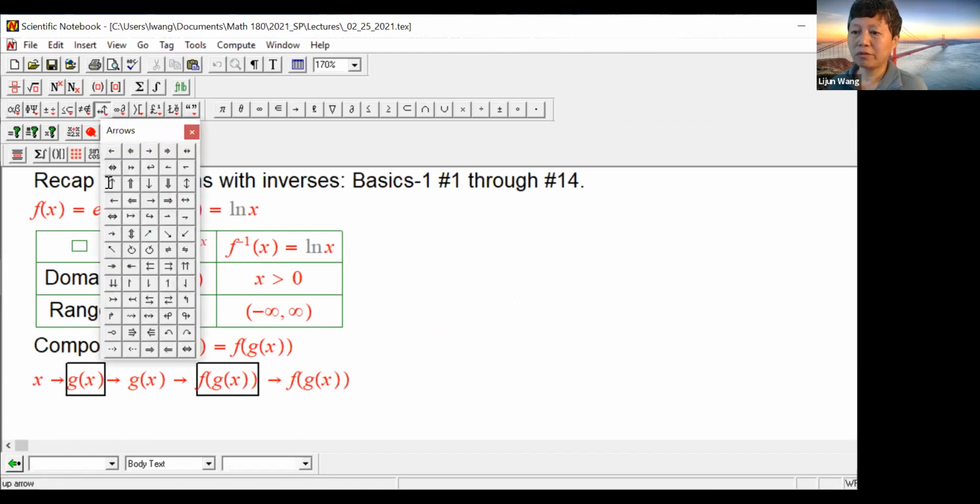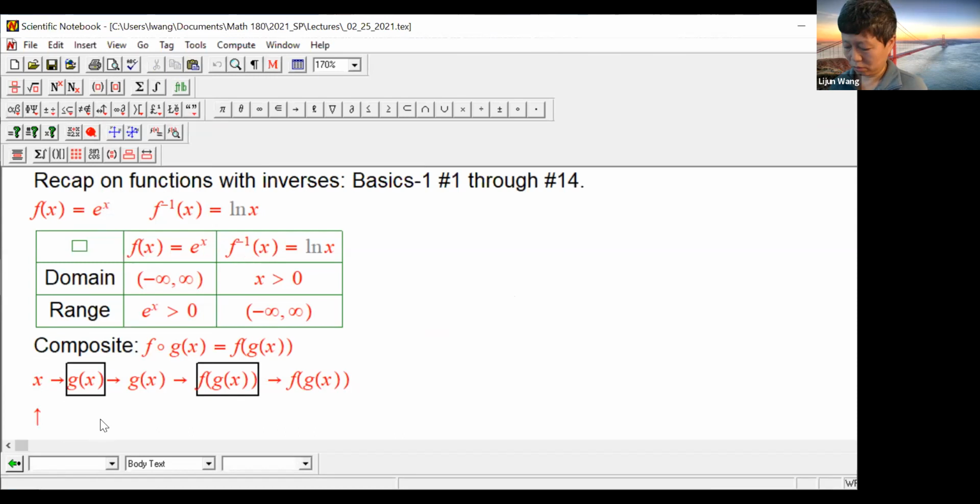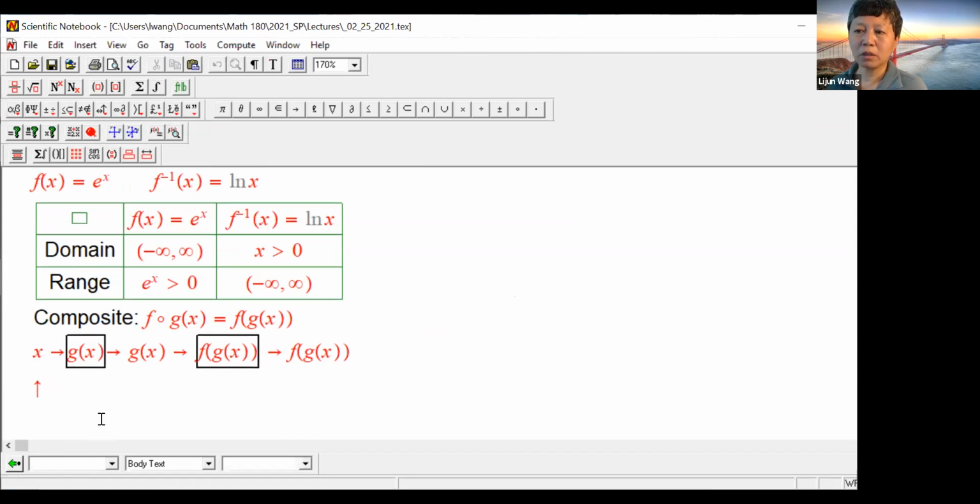This X should be from the domain of G. Do you follow me? And what comes out will be in the range of G. And this range of G is going to be the domain for F. G's range is going to be in the domain of F, that relationship, okay?